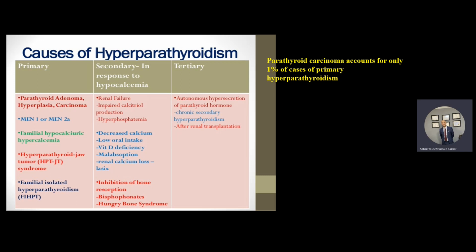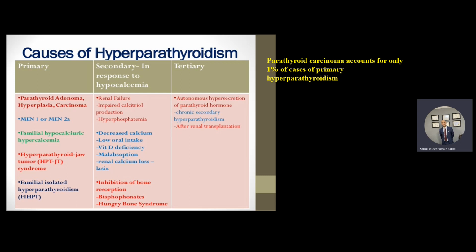Or alternatively, we might have parathyroid hyperplasia, by which we mean the four gland disease. The four glands are hyperplastic and secreting their product in excess. And usually this is seen in MEN1, the 3P syndrome, or MEN2A, which is known as the pheochromocytoma medullary carcinoma syndrome with primary hyperparathyroidism.